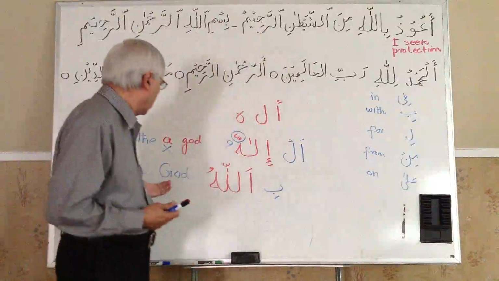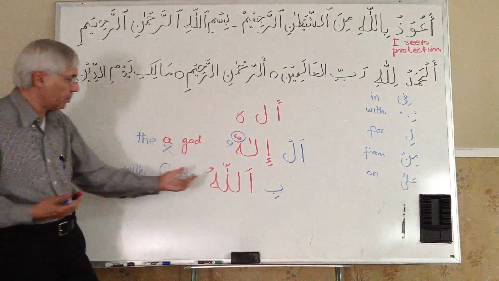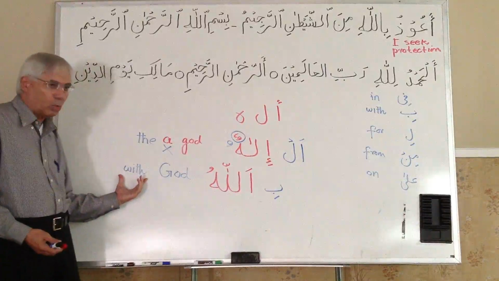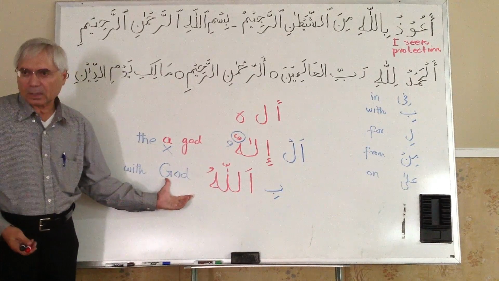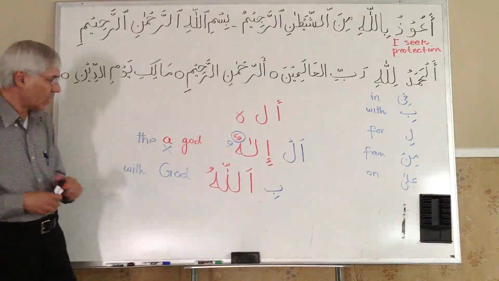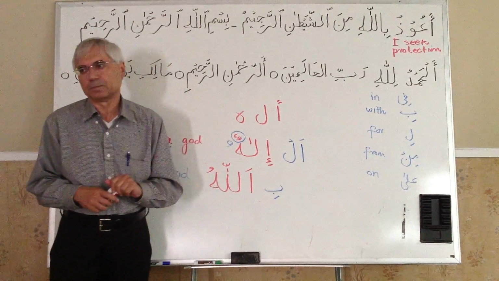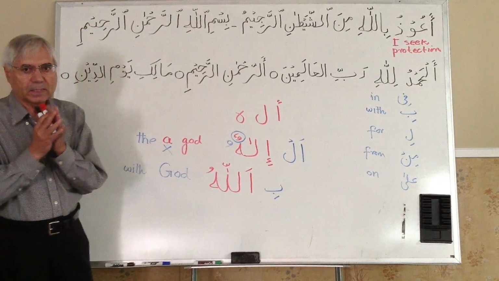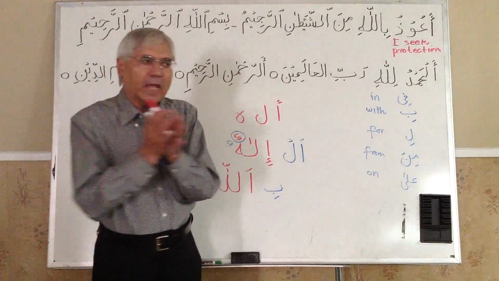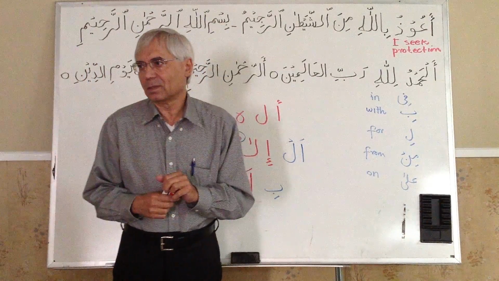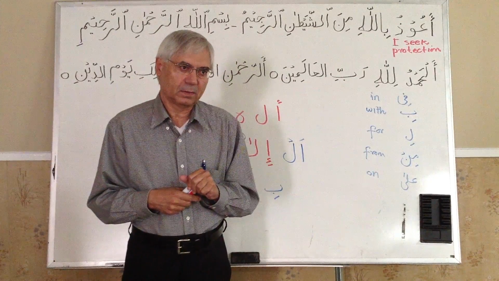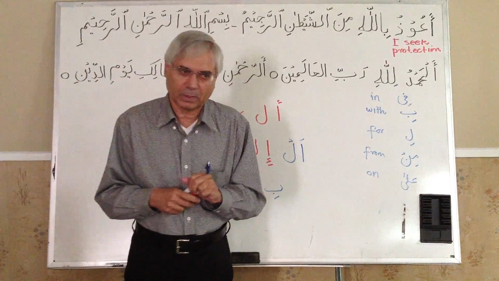The meaning will become with God, because bi means with. So in English, what happened? I just put a with, and I put a God there, and it became a small sentence. Okay. What happens in Arabic? In Arabic, as I said in the beginning, one word has an effect on the second word next to it. It modifies the sound of that. That's how the Arabs spoke the language.